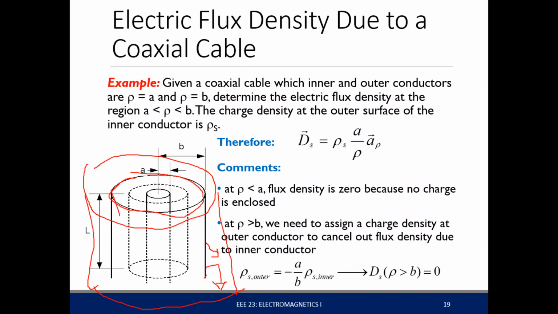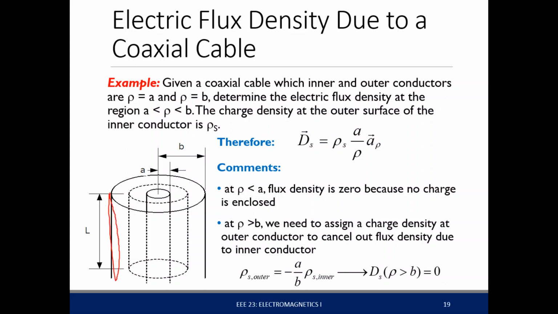We get the total flux on this outer conductor right here. Imagine a Gaussian surface with the same dimensions as your outer conductor, but we limit it to a length L. Then we get the electric flux density on this surface.